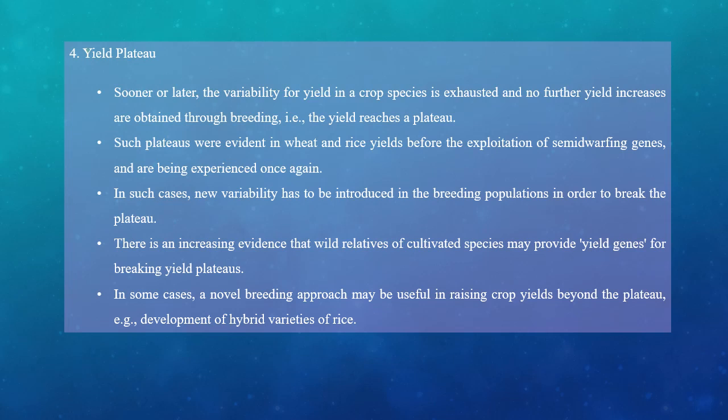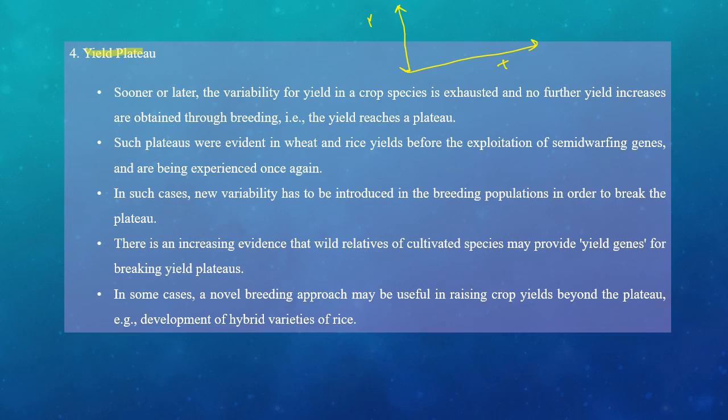After that, if we look at the yield plateau, that means if we make a graph, we can see it very clearly. Suppose this is a graph, with time and yield.